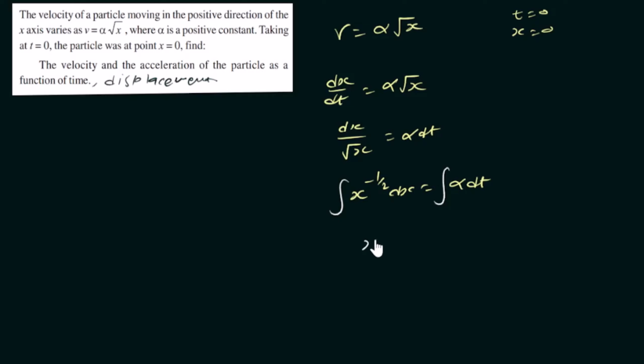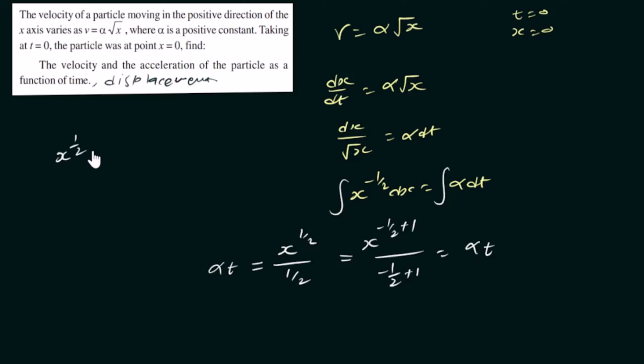So this will be x to the power minus half plus 1 divided by minus half plus 1 equals alpha t. We can write it as x to the power half divided by 1 by 2 equals alpha t. So x to the power half equals alpha t by 2, so x will be alpha square t square by 4.